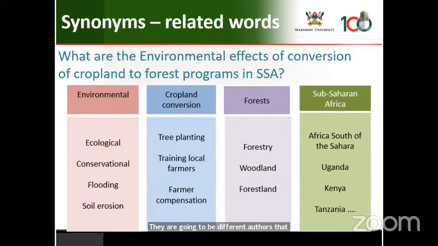If I am doing a review, maybe a study on cancer in children, I can call it cancer in children. Another author can do the same topic and call it neoplasms in children.